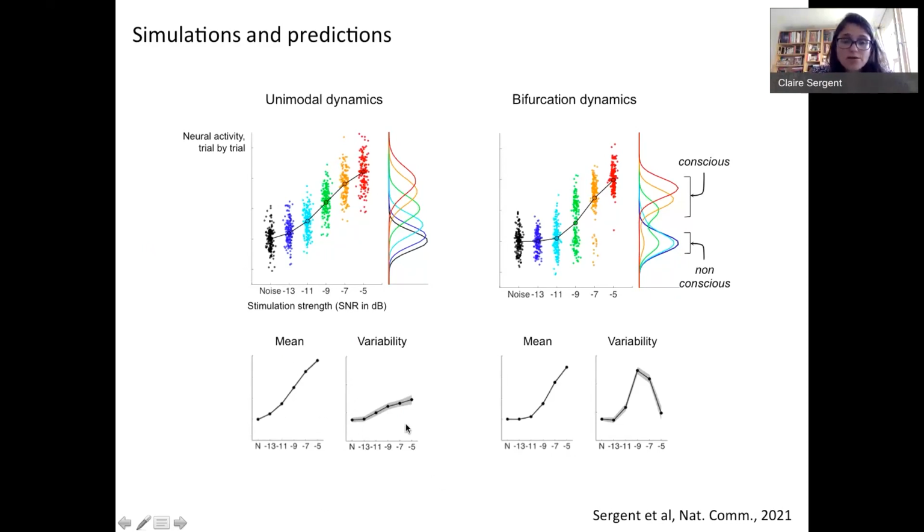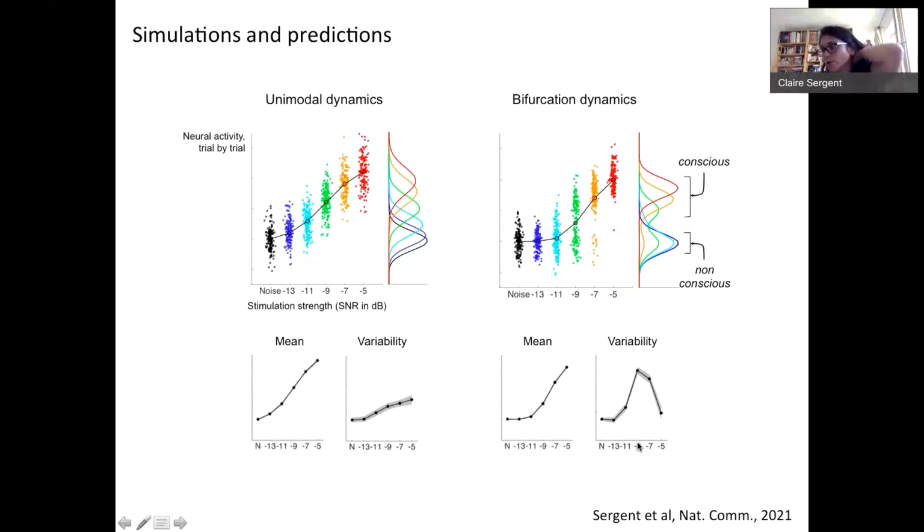That's the usual process. While for bifurcation dynamics, we expect a very specific pattern where we see a burst of variability around threshold, because you have two types of trials evoked by the same stimulation.